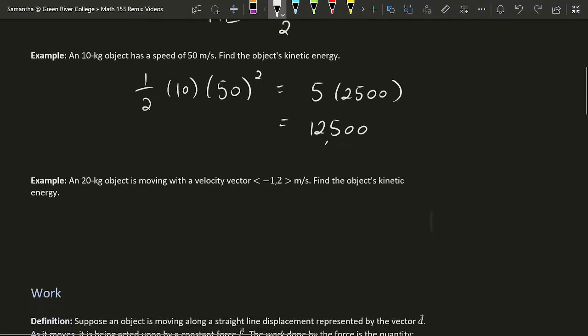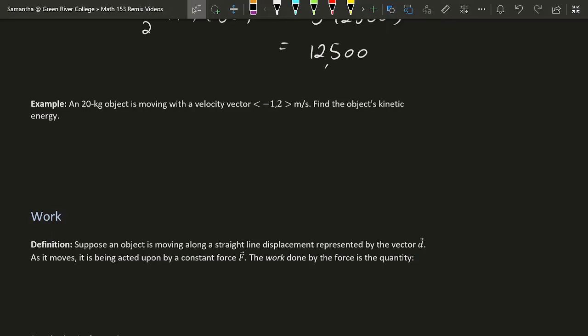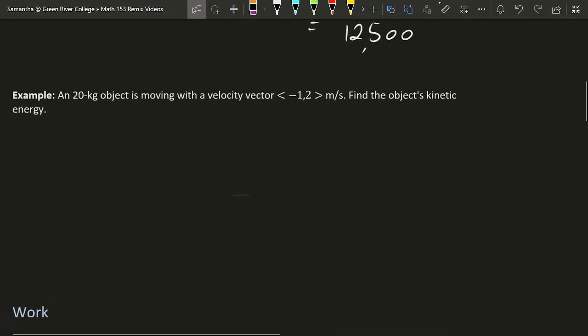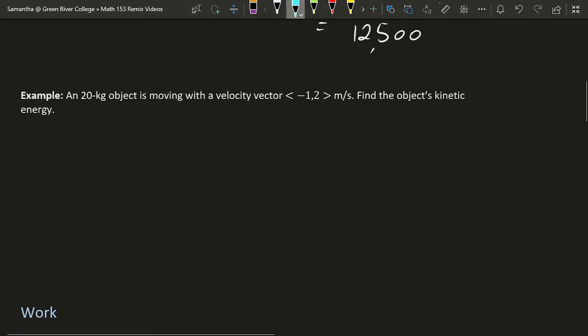For another example, suppose we had an object with a mass of 20 kilograms, but this time we were not told its speed directly. This time we're told its velocity vector. If we wanted to find the object's kinetic energy in this situation, we would have to start by finding the object's speed. And the speed is equal to the magnitude of the velocity vector.